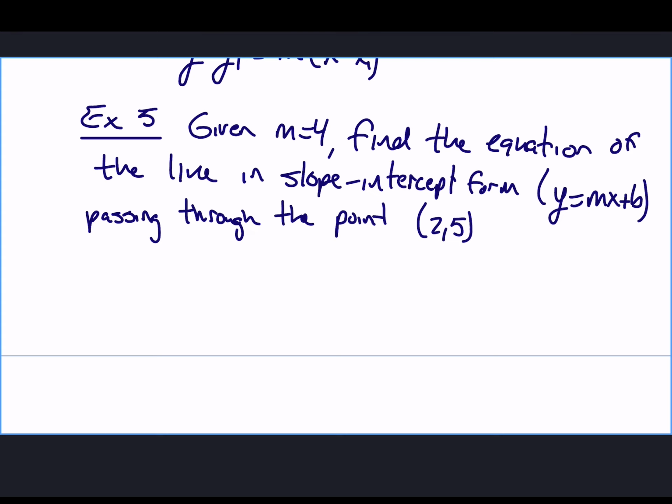So, what do we need here? What two pieces of information are key for us to be able to find the equation of this line? We need a point and the slope. You need those two things. Do we have everything we need to find the equation?